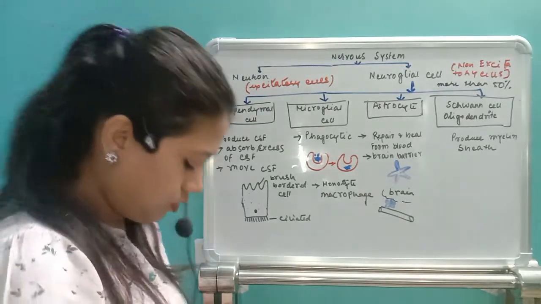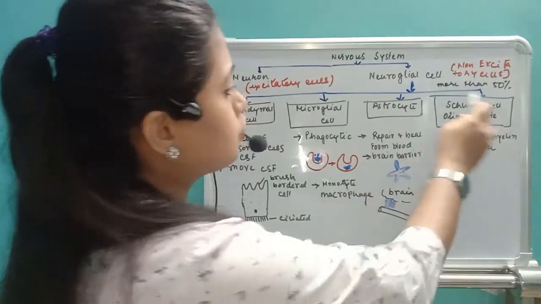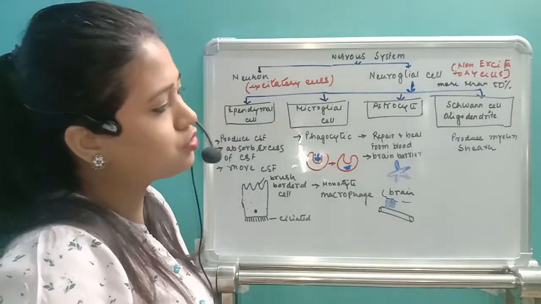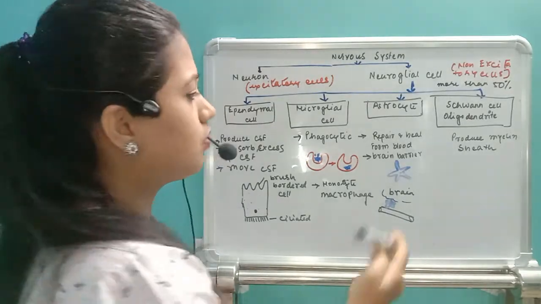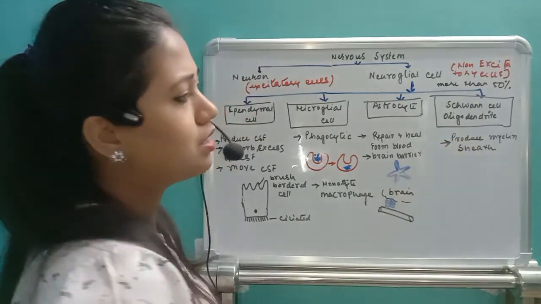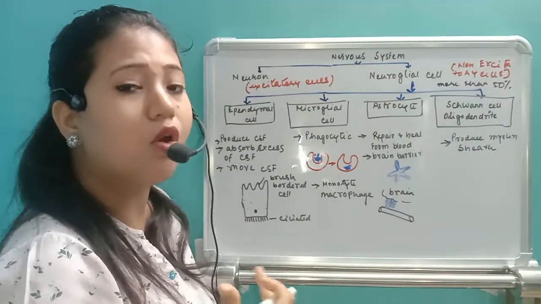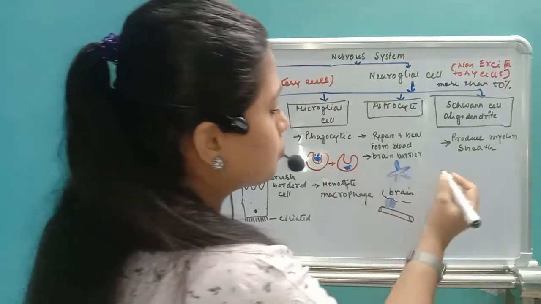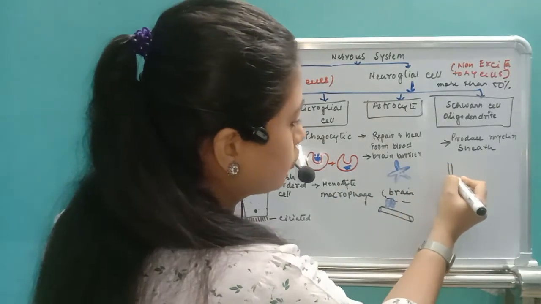Okay, the next one is Schwann cells or oligodendrocytes. These are actually two different types of cells. Schwann cells or oligodendrocytes produce the myelin sheath, but it's not that they always form it. Suppose this is the axon.